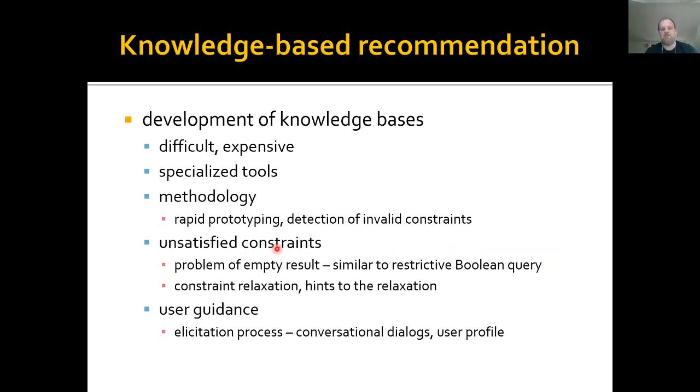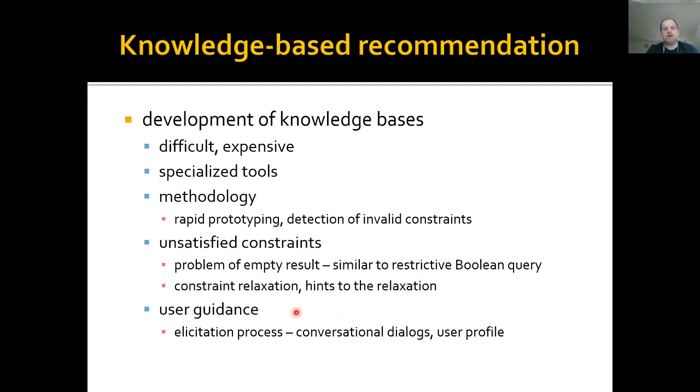If there are very strict constraints chained, then we can end up with an empty result. In such a case, we must somehow relax the constraint, and this is quite difficult, because the same as in a Boolean query, how do we relax a constraint when it was designed to be restrictive? So that's basically a big problem.